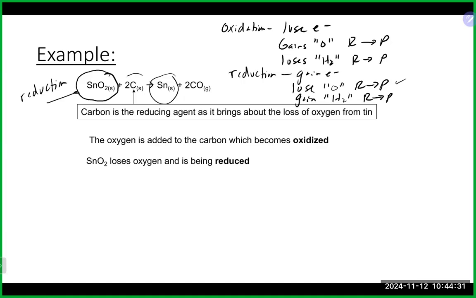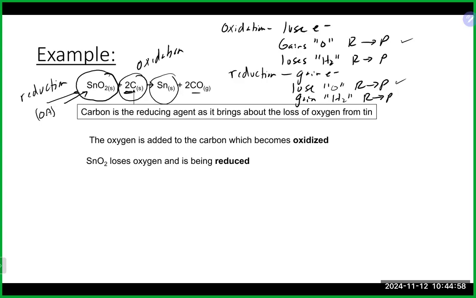By default, the other substance would be going through oxidation, but you can also follow what's going on. Carbon has no oxygen, but gains oxygen. So it is going through oxidation here. That would mean the carbon here is our reducing agent, and it really is the tin that is our oxidizing agent. So again, if you have oxygen and hydrogen, sometimes you can look at that.